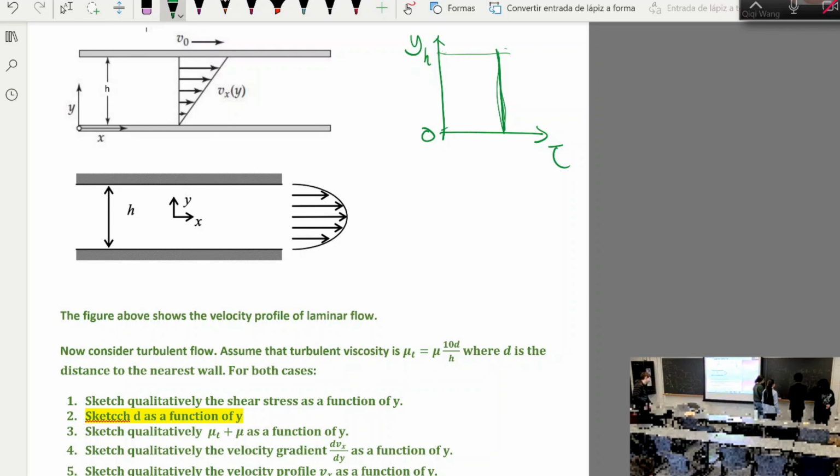So that's going to be your shear stress plot. And the plot for mu plus mu_t is going to be the same. You're dividing this by this, and after the division you should get something a lot larger over here, so basically something like that. That's kind of what we have here. Just shift it down.